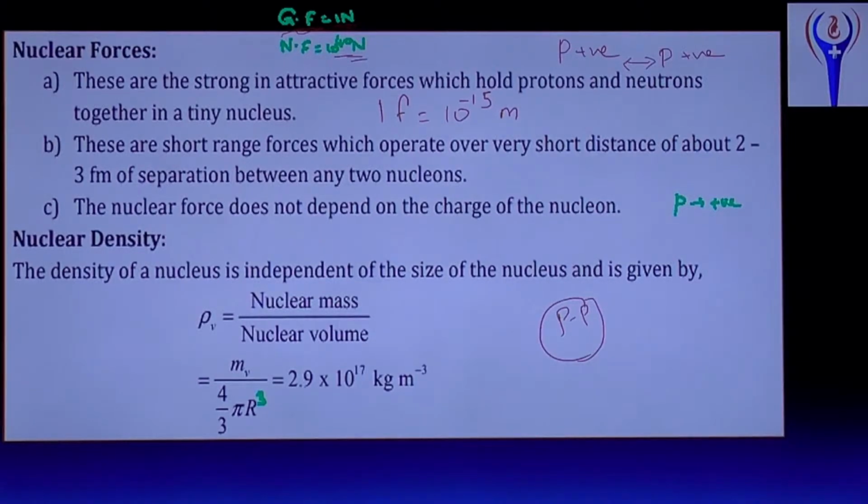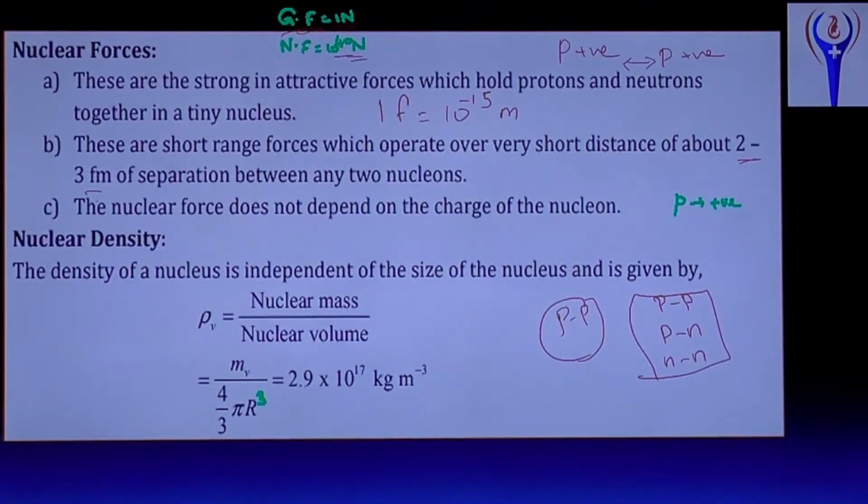If the distance is within 2 to 3 Fermi, then whether proton-proton, proton-neutron or neutron-neutron, it is attractive only. So the nuclear force is the proton-proton force or proton-neutron force or neutron-neutron force. All are called nuclear force. It is attractive only, no repulsive force. That's why nuclear force does not depend on charge. It is charge independent.